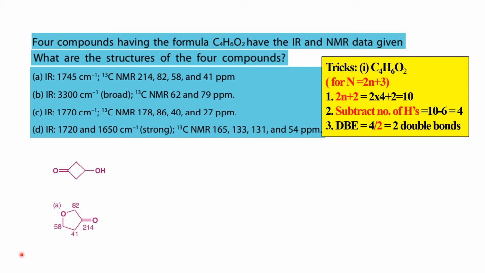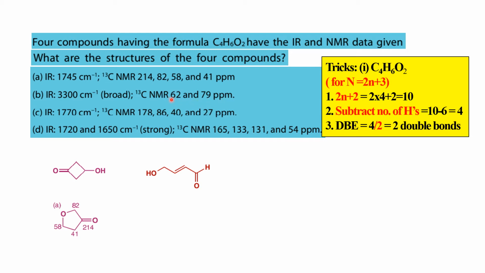And for the second compound, see here, what idea can we get? This is another way we can draw for this molecular formula. And see here, the IR spectrum shows 3300 centimeter inverse broad. So this shows that a hydroxy group is there, and this shows only 2.